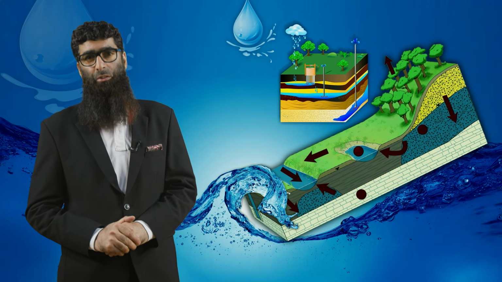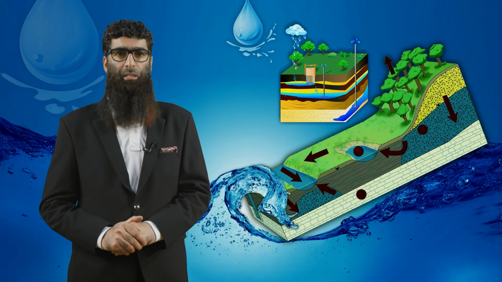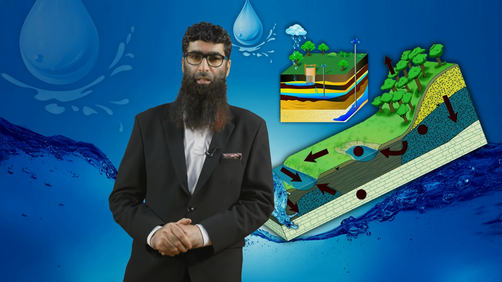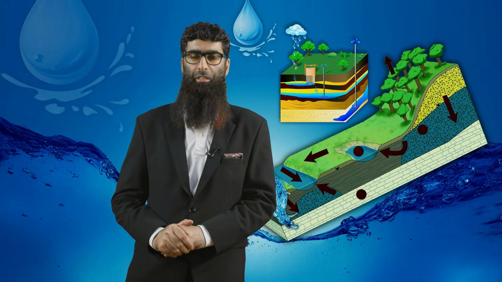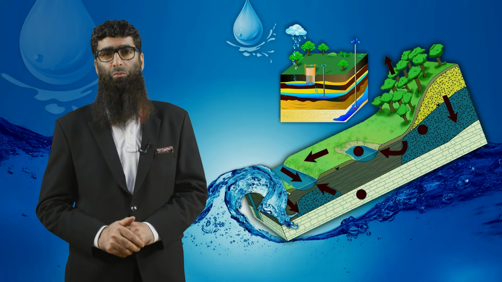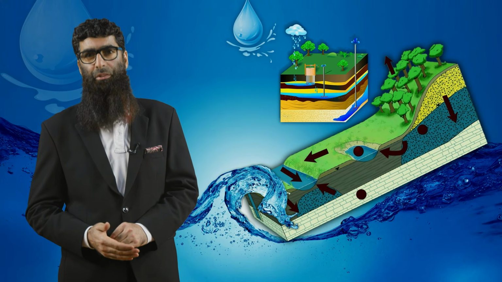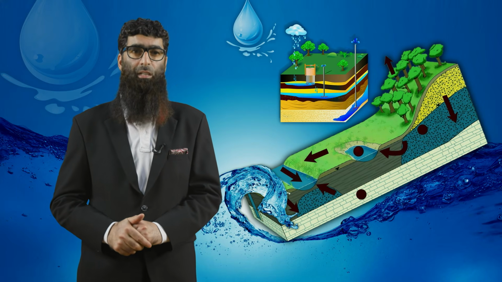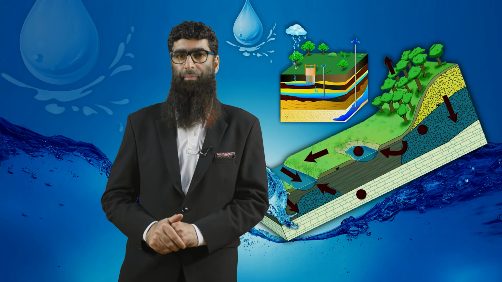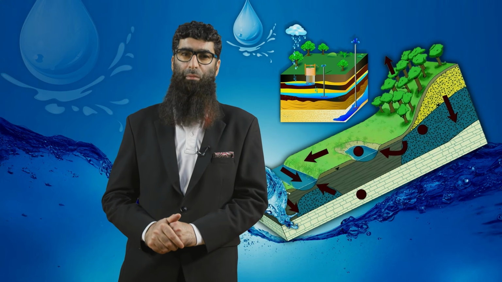Now that we know the relief features and measurable parameters, let us see how they actually influence runoff and other processes in the watershed. Relief and flooding. Watersheds with steeper slopes, especially those with high relief ratio, result in greater water velocity and the water gets less time to infiltrate into the soil.